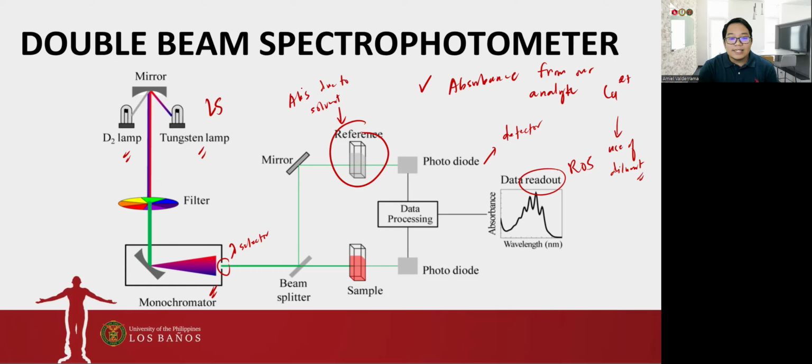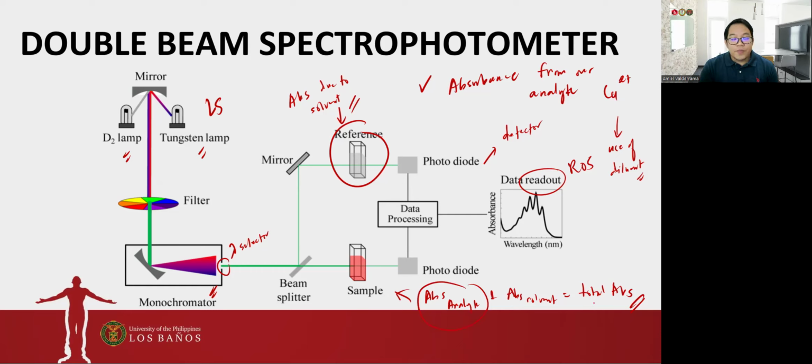So ang makukuha natin sa sample natin ay absorbance ng analyte plus absorbance ng solvent. So this is the total absorbance. Then sa reference, ang makukuha natin ay absorbance ng solvent lang. So to get the absorbance of the analyte, i-minus natin yung absorbance from the solvent from the total absorbance.